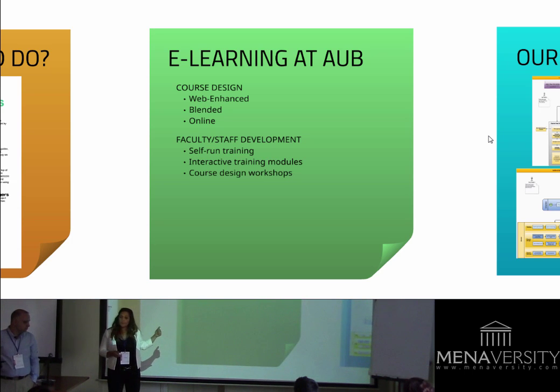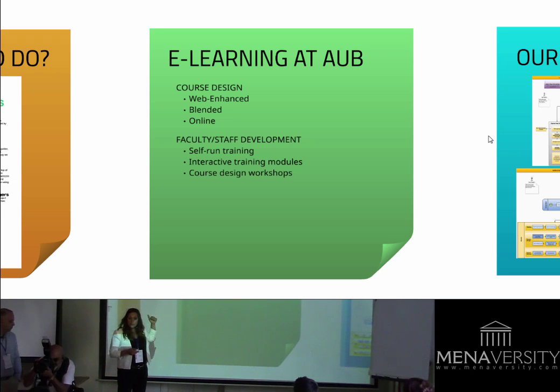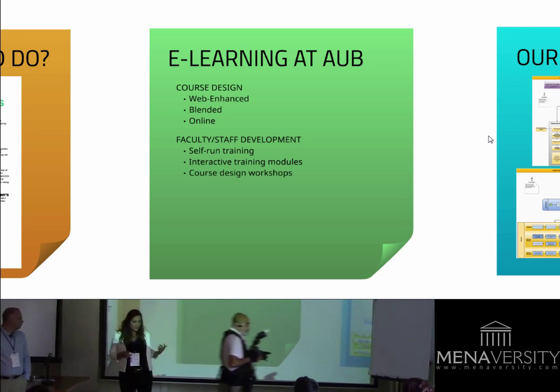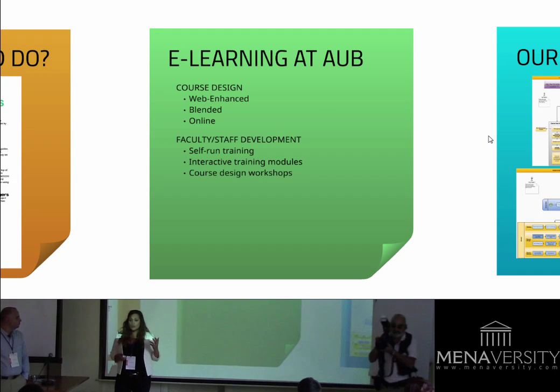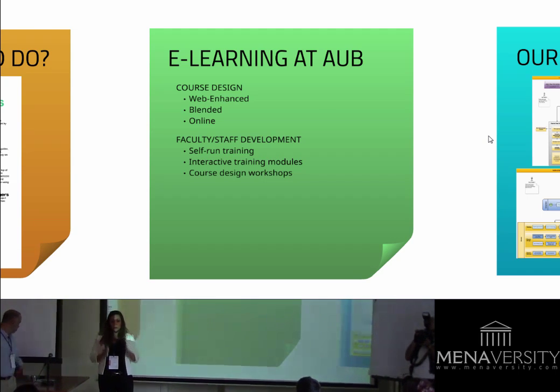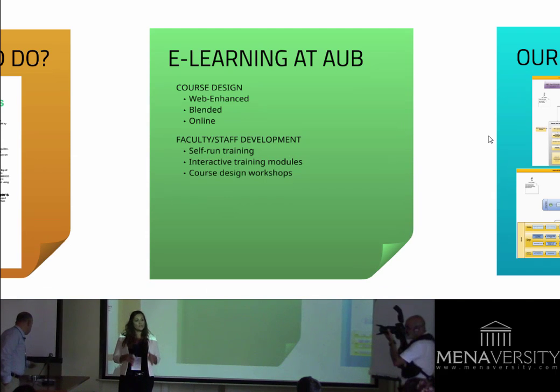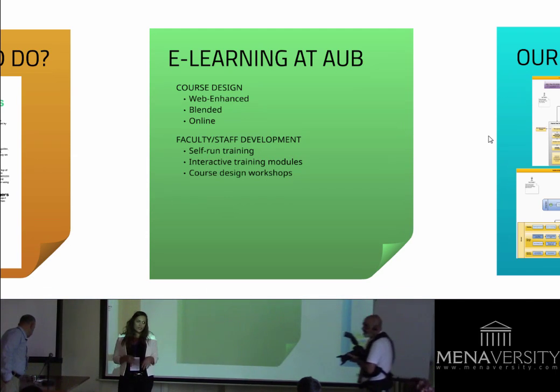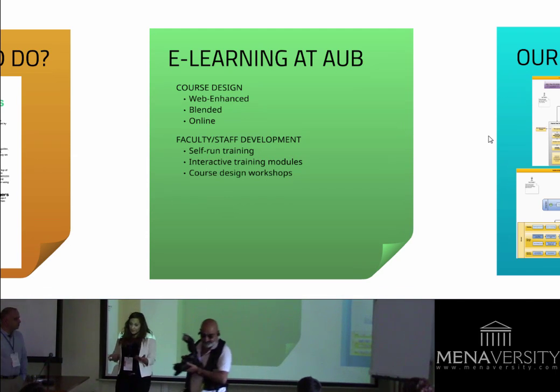Faculty and staff development. So in order for us to successfully deliver these courses that we design, we need to ensure that our faculty are well equipped with what they need in order to deliver these courses. So we also have huge programs where we work with our faculty on designing their courses and on teaching them how to deliver them.